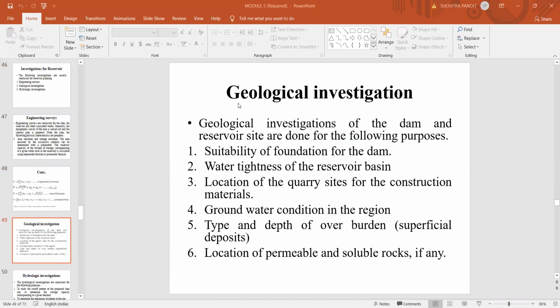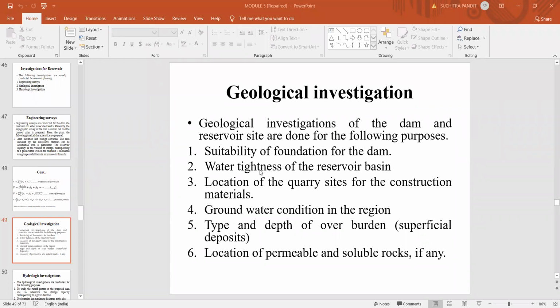Next, the geological investigation has to be carried out thoroughly because it gives the information about the water tightness of that particular area. Geological investigations of the dam and reservoir site are done for the following purposes. First is the suitability of the foundation for the dam and the water tightness of the reservoir basin.